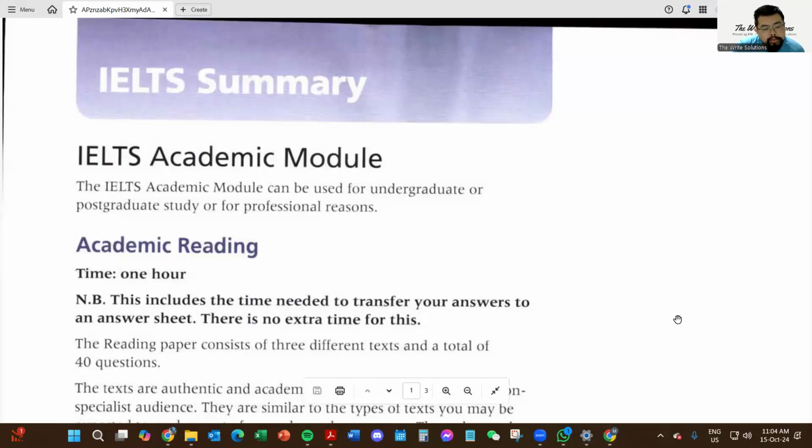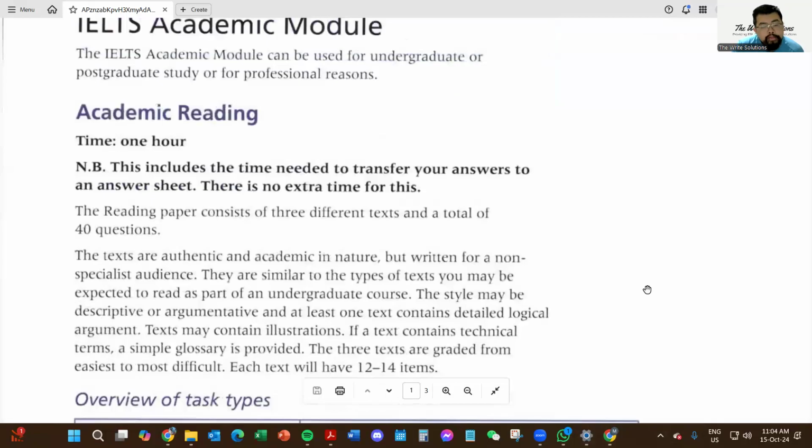Now, we're going to talk about the reading, okay? The reading will consist of 3 different texts. We're going to be talking about the 3 different texts in a different workshop, as again, this is just a summary. There's going to be a total of 40 questions. These texts are authentic and academic in nature, meaning that they're not specialized.